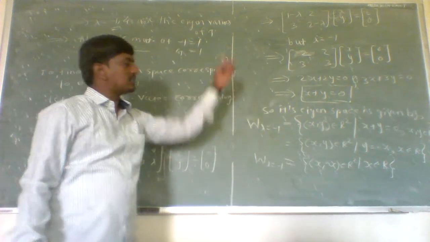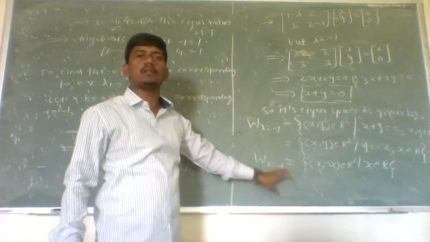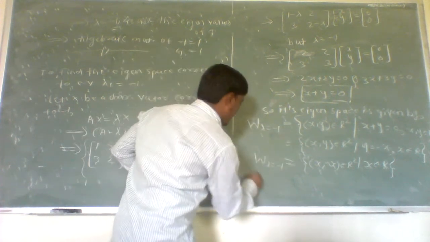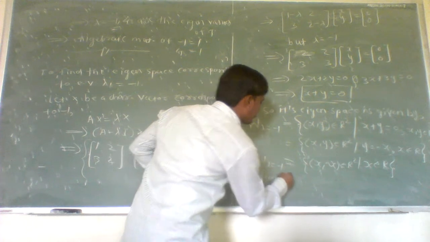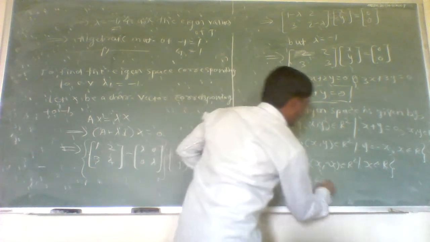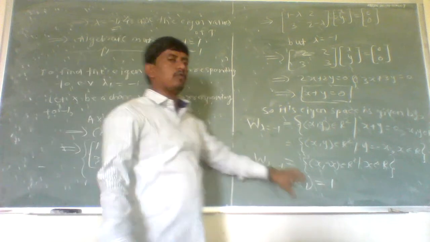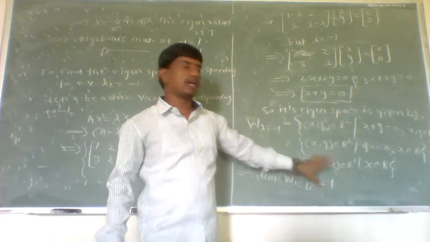Now we have to find its dimension. As there is only one vector belonging to the given eigenspace, its dimension is 1. So the dimension of the eigenspace with respect to eigenvalue minus 1 is equal to 1, and we know that the dimension of the eigenspace corresponding to a given eigenvalue is nothing but its geometric multiplicity.